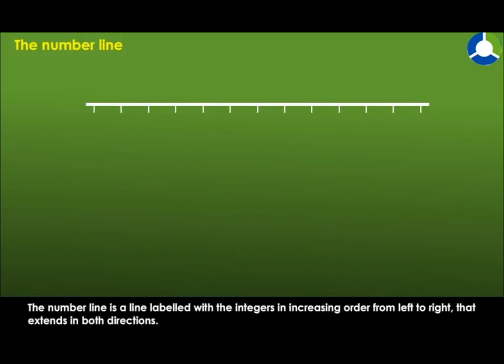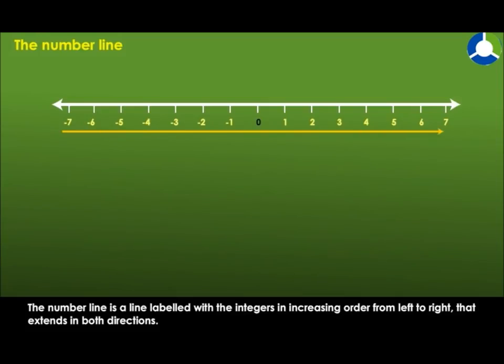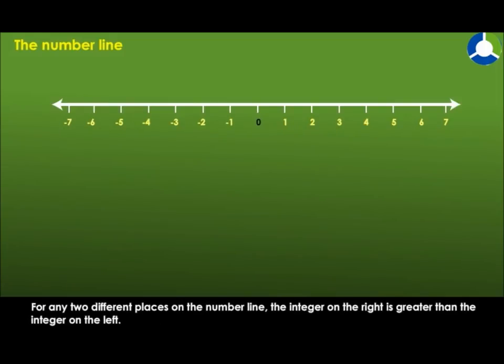The number line. The number line is a line labeled with the integers in increasing order from left to right that extends in both directions. For any two different places on the number line, the integer on the right is greater than the integer on the left.